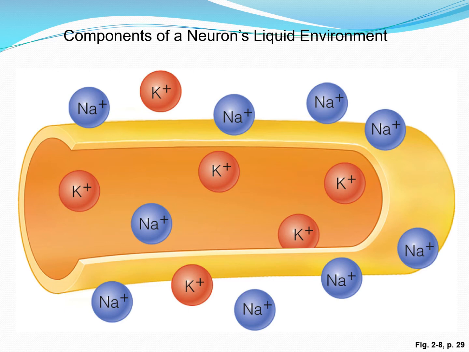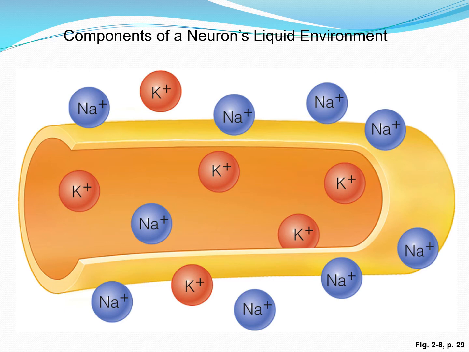So what this is showing is sodium, the Na plus, and potassium, the K plus. And there are actually anions and chloride ions that are negatively charged that I'm going to ignore for all of this. What's important is what's happening between the sodium and the potassium.